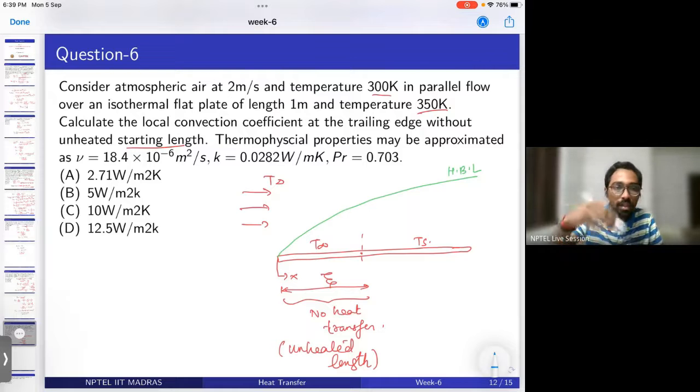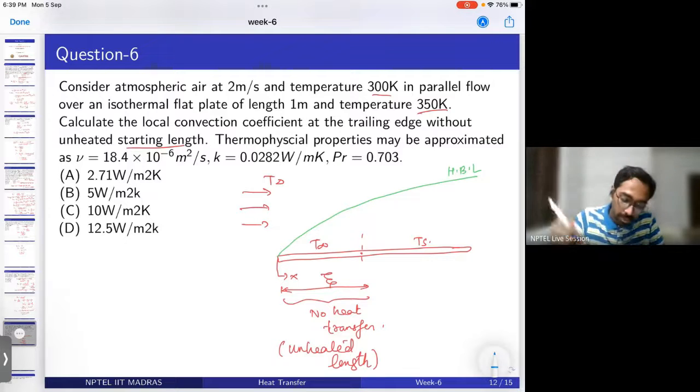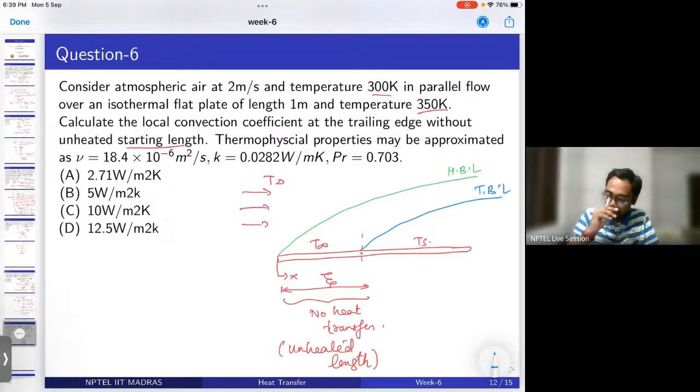So the temperature between the free stream and the plate surface is different, and there will be heat transfer. So the thermal boundary layer will start growing from here. The momentum boundary layer has already started from the leading edge. So this is a condition known as heat transfer with unheated starting length.